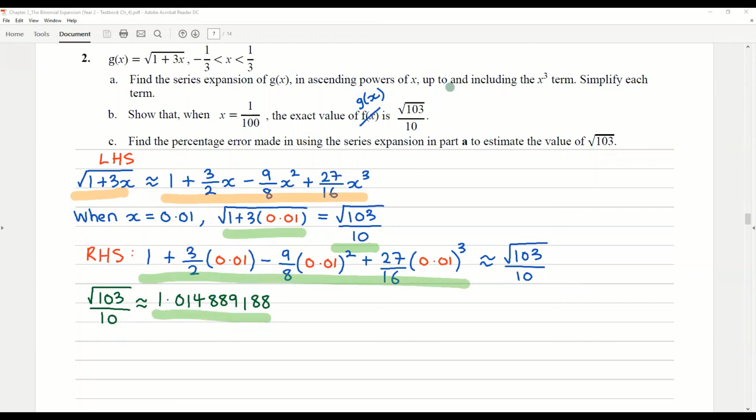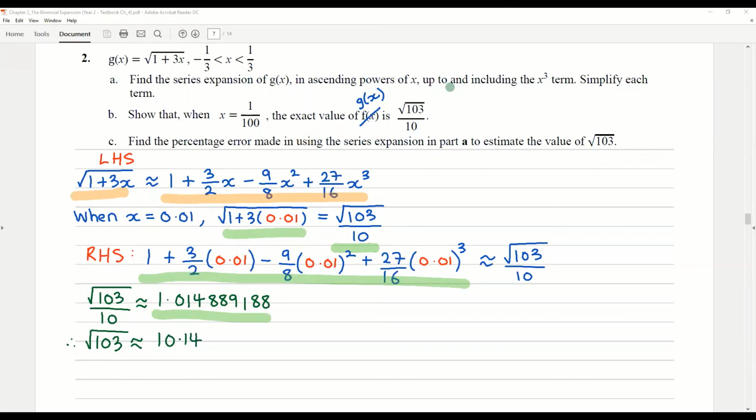Now, what does that tell us? Now, that is an approximation. So to get the square root of 103, of course, we've got to multiply all this by 10. So let's do that. So therefore, the square root of 103 is going to be approximately 10 times that. So that's going to be 10.14889188.